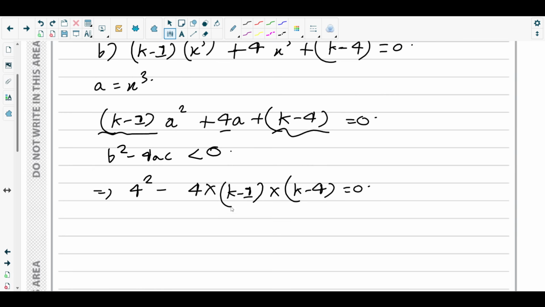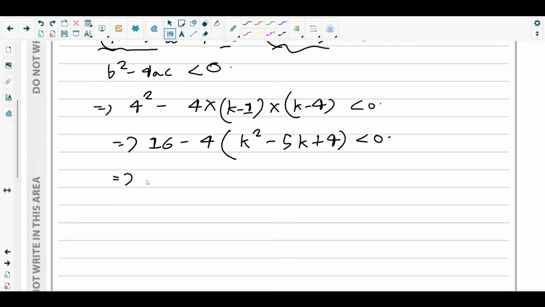This needs to be less than 0. So 16 minus 4 times k minus 1 times k minus 4, that is basically k squared minus 4k minus k, so negative 5k plus 4, is less than 0. We got a quadratic inequality.